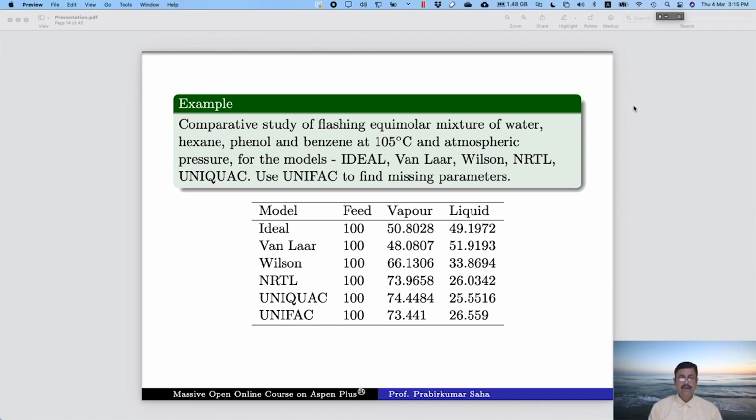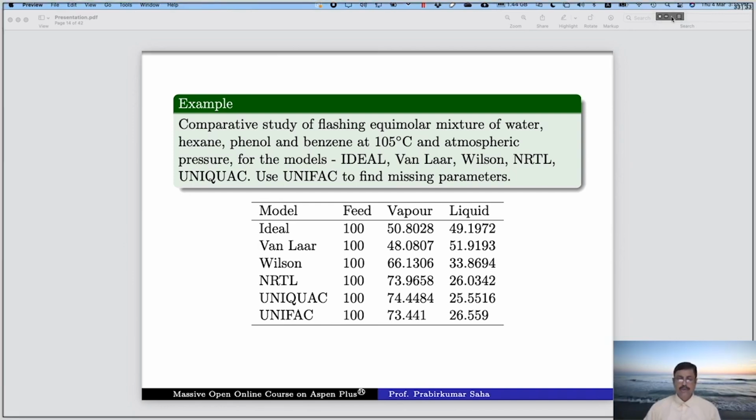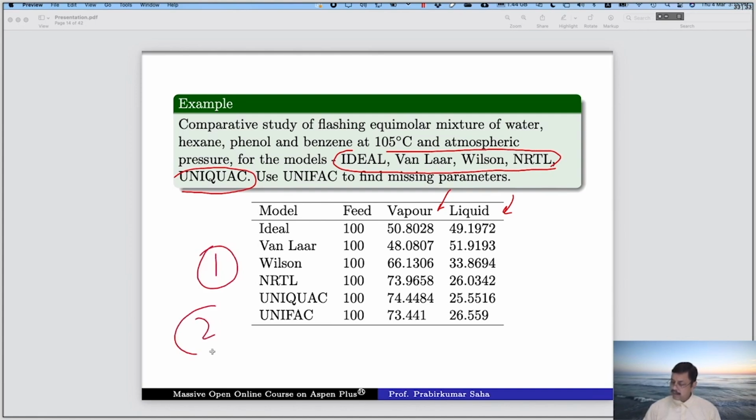So let us see what it does. Now this particular example does two things. One is it shows how the choice of different property method yields different result. That is the number one. And number two lesson that we find is use of UNIFAC method to find missing parameter.